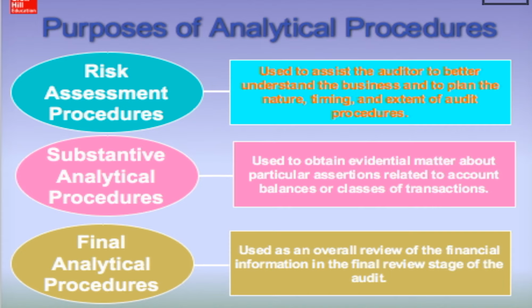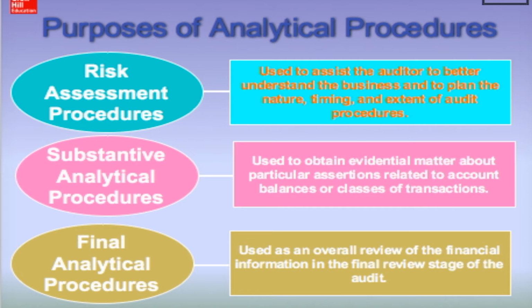So there are three general purposes for analytical procedures. They're used to assist the auditor to better understand the business. They're used to obtain evidential matter or evidence about some of the assertions about account balances or transactions.